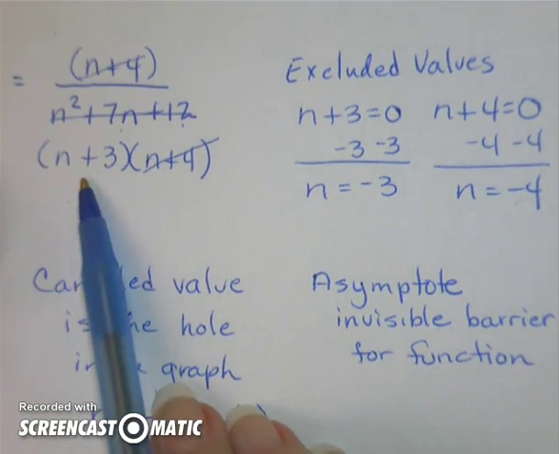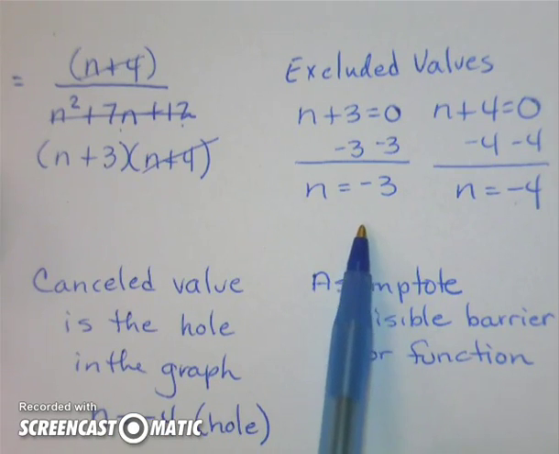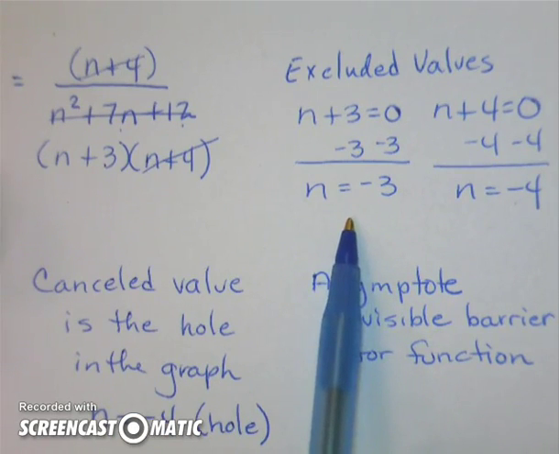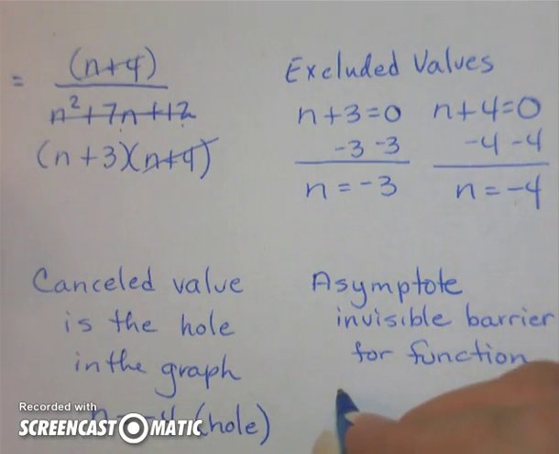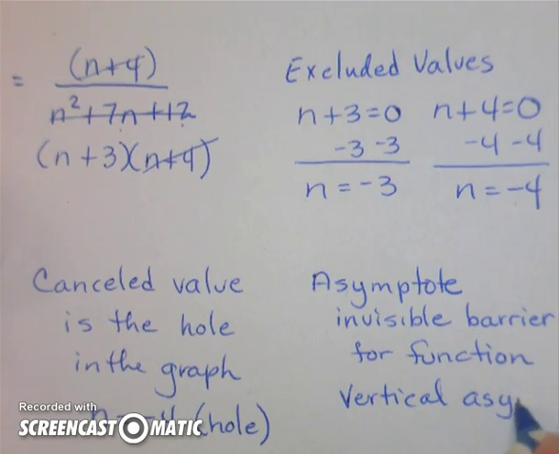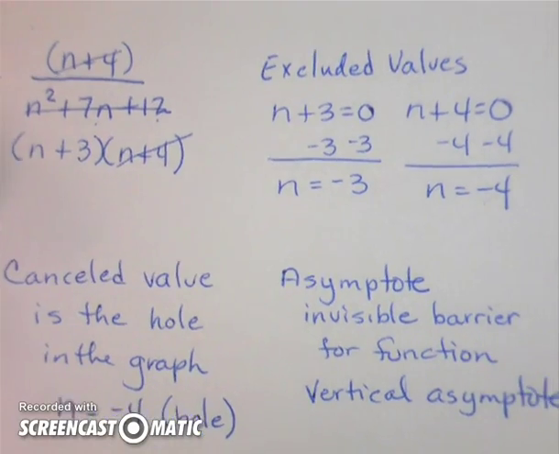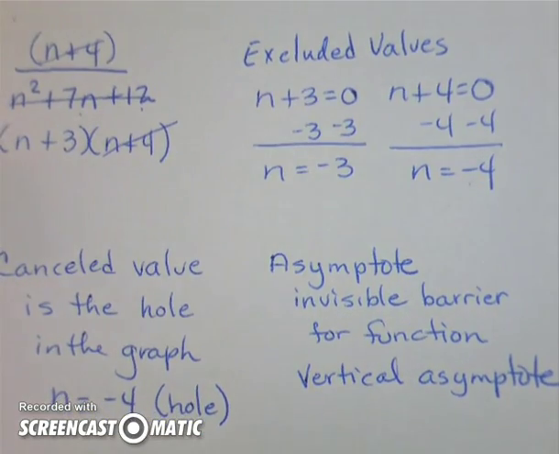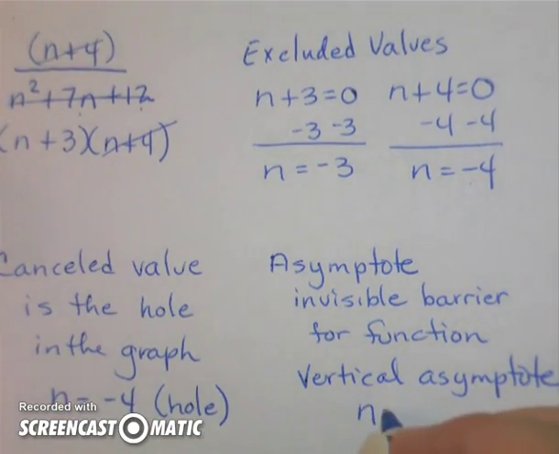The remaining n plus 3, or in this case, n equals -3, is my vertical asymptote. And it will be at n equals -3.